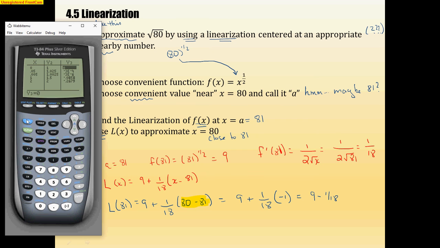What is 9 minus 1/18? 8.9444444. What is the square root of 80? Oh, gee, those two numbers are pretty close.